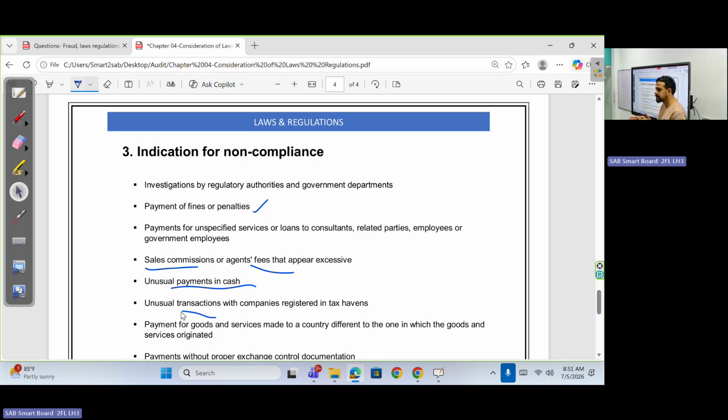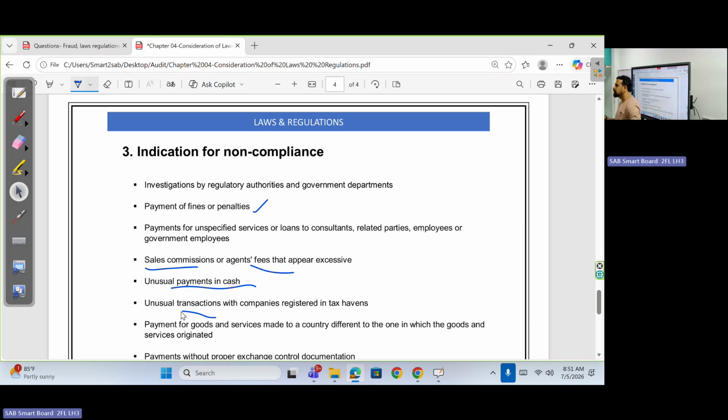If you are doing manufacturing business, you can't have sales income from unrelated items, or unusual expenses in an inventory audit. So once you obtain the financial statements, always look for unusual transactions and unusual payments.